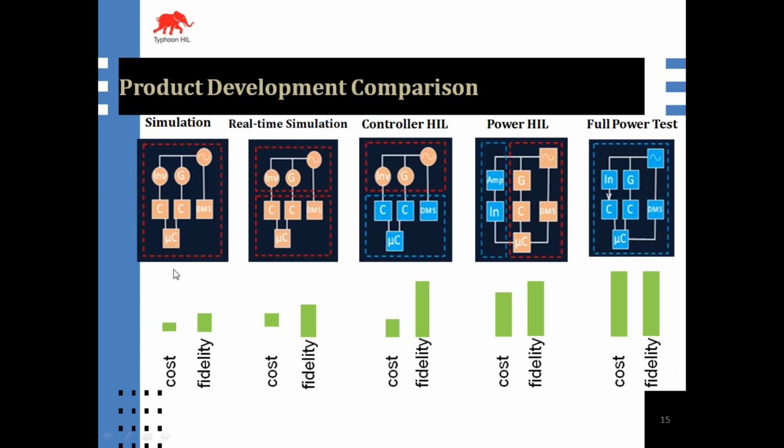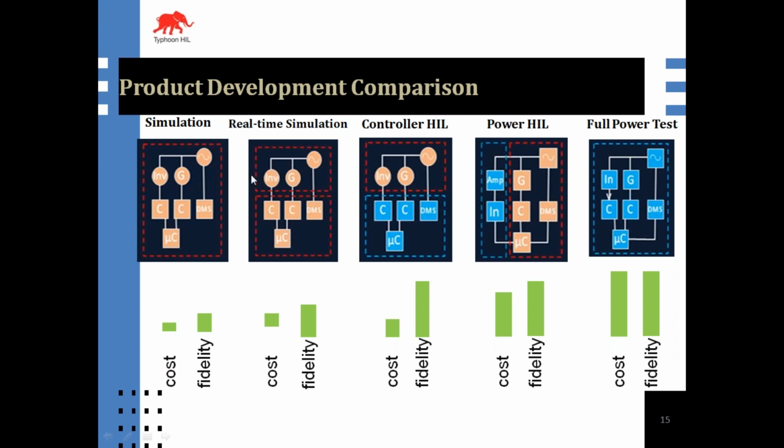When we talk about this simulation, you can see that we need only the simulation software. All these components are surrounded by this red dotted rectangle. This red dotted rectangle shows that we are using only one software, meaning only one single processor.